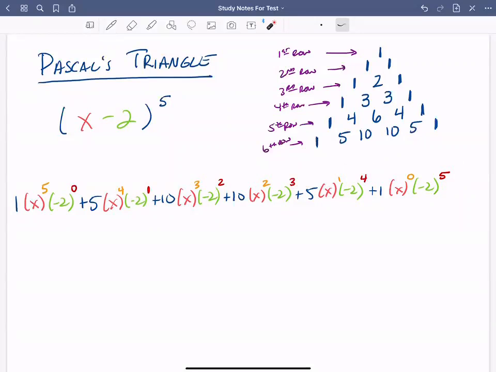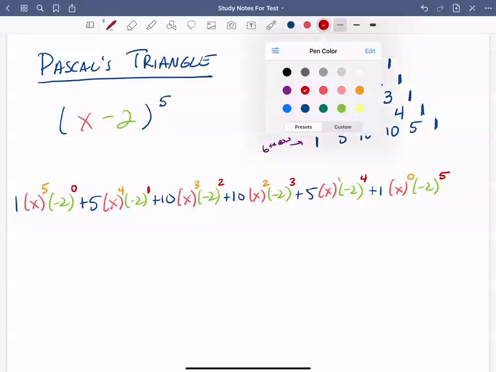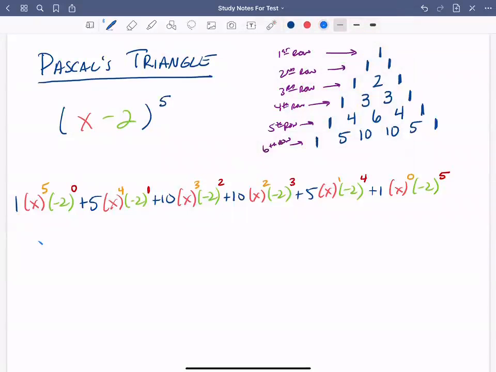So we have 1 times x to the 5th power, which is x to the 5th, and then -2 to the 0. This right here is 1. Anything to the 0 power is 1. So really it says 1 times x to the 5th times 1, which will give us x to the 5th.